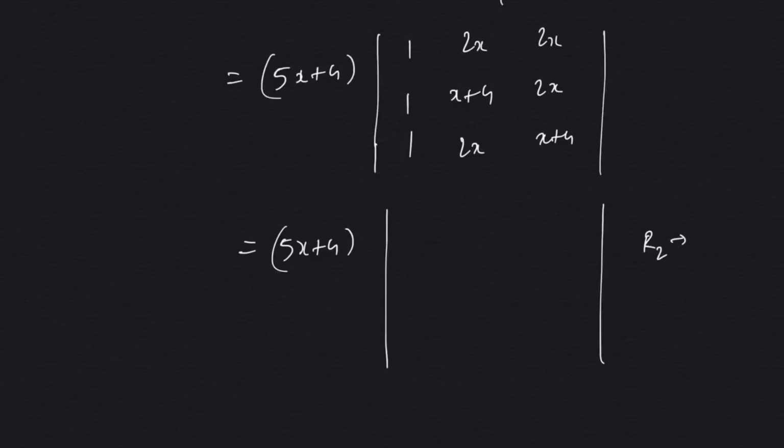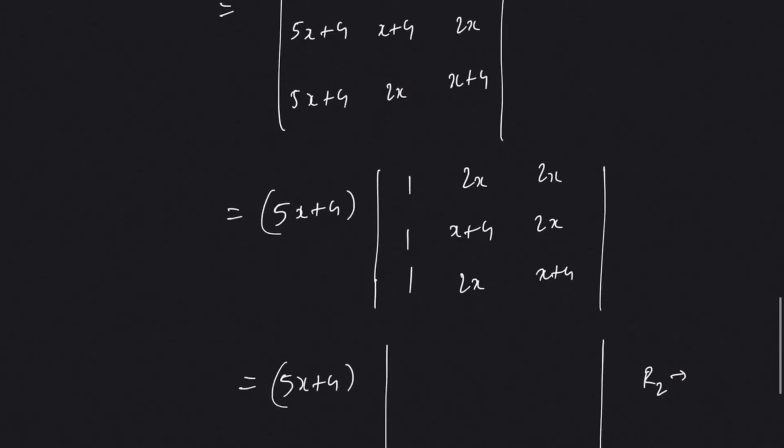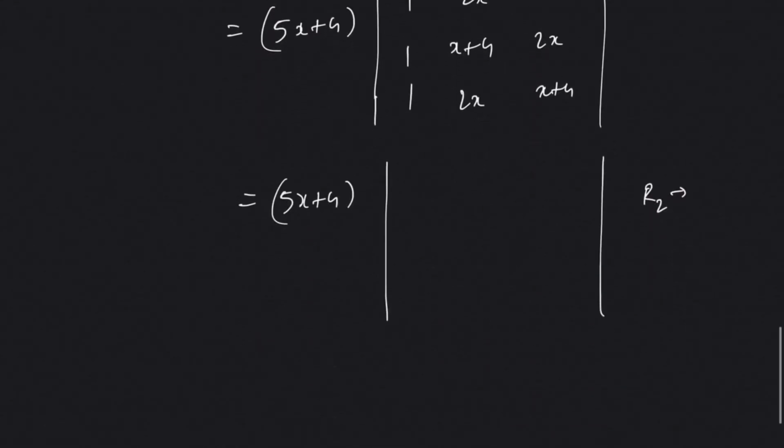So what we can do now is, R2 we can write as, because proof is 4 minus x, R1 minus R2, R1 minus R3. Let us just try. If it doesn't work out, it's okay, we can redo it again.